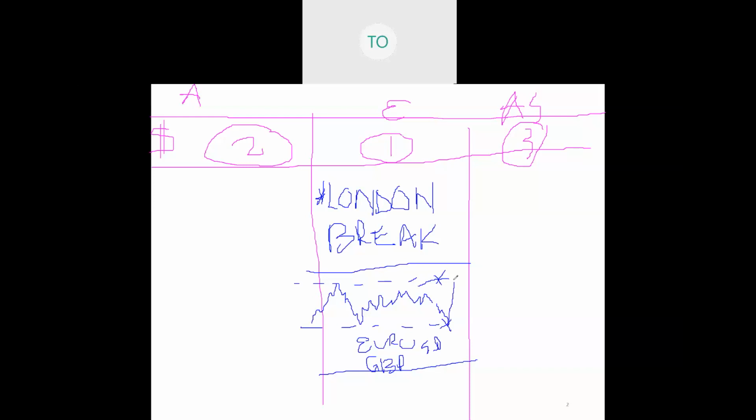And after the banks open, they will either continue all the way up, or if they're going down, maybe they'll come back this way. They'll break this level, come test it, and then disappear.